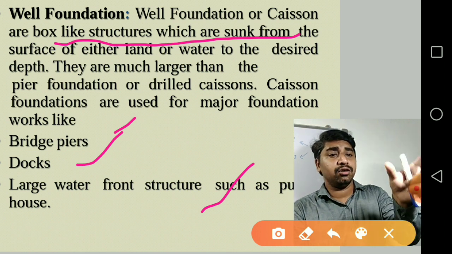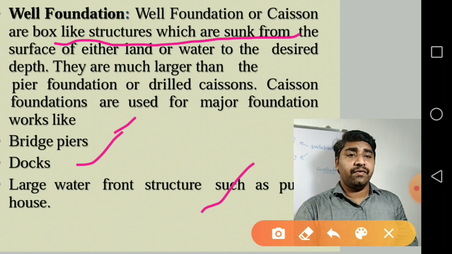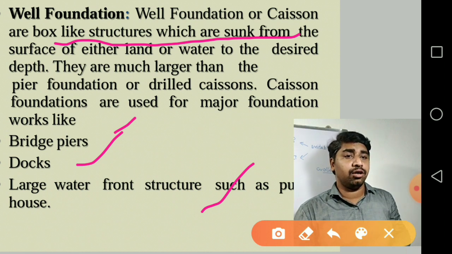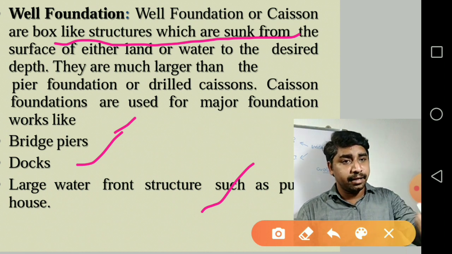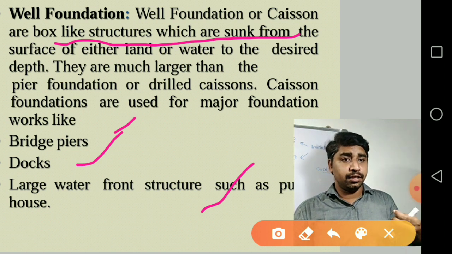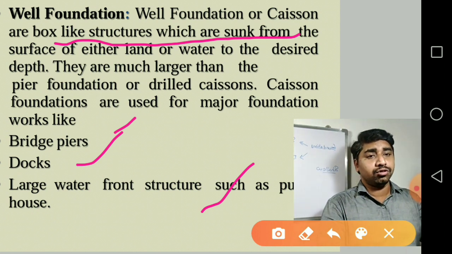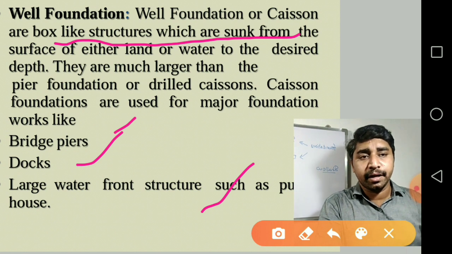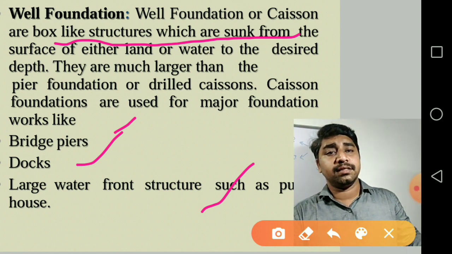That hollow well steining will be sunk into the ground by excavating the soil in between the hollow portion from the ground surface. So slowly it will be going deeper and deeper, and that way it will be sunk.